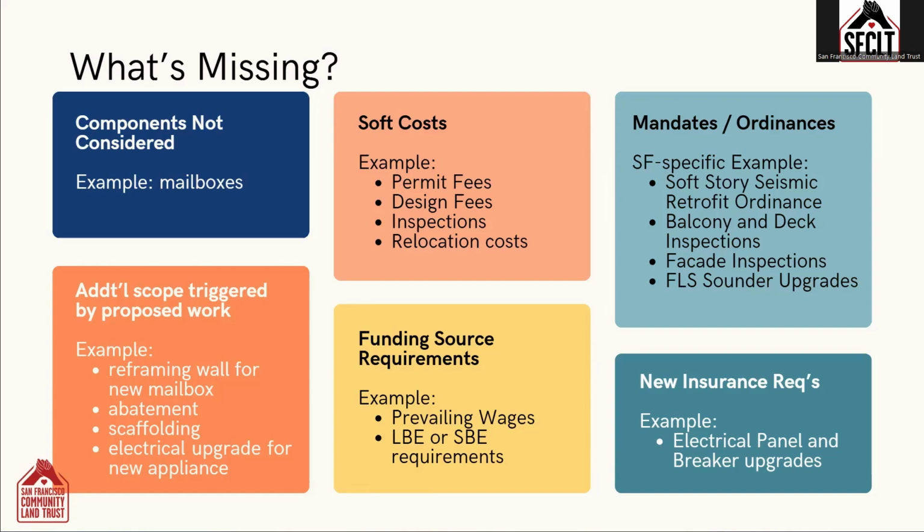And then funding source requirements, like prevailing wage requirements. If you have to hire a local business or a small business, these requirements are typically attached to your funding source. They come from your lender, and they are unique to your location and the project type. Other things that aren't included in the CNA are mandates and ordinances. For example, in San Francisco specifically, we have a lot of properties identified for a soft story seismic retrofit.